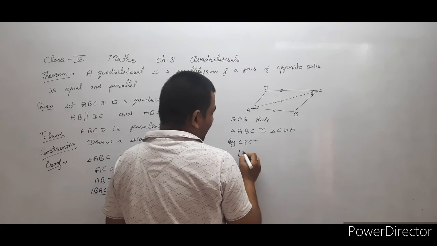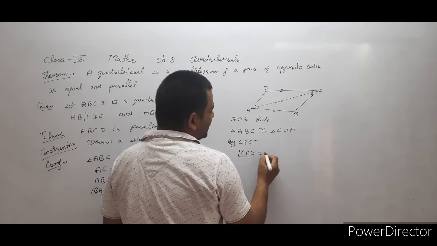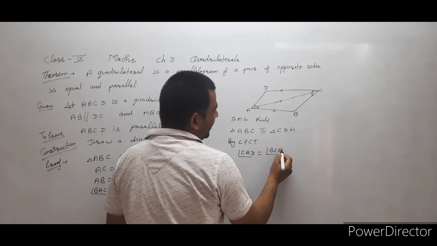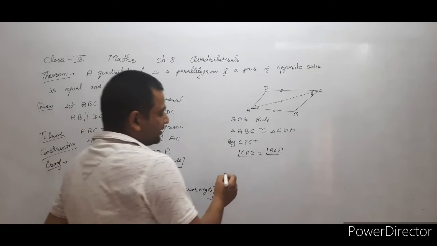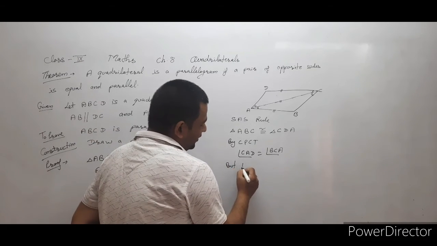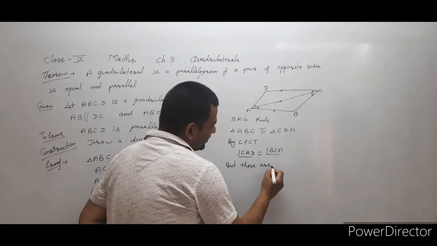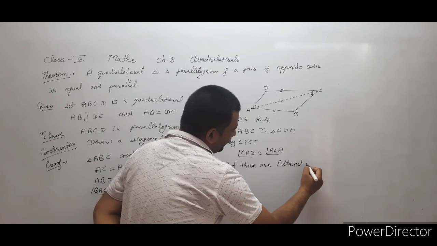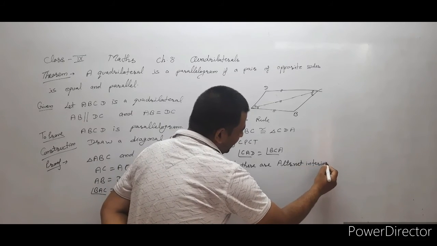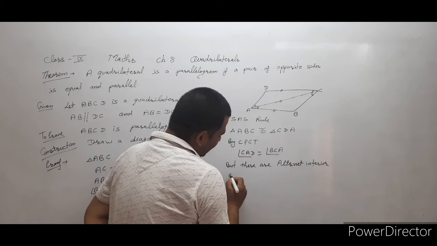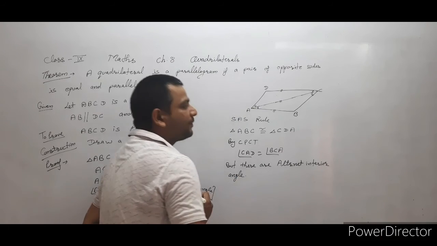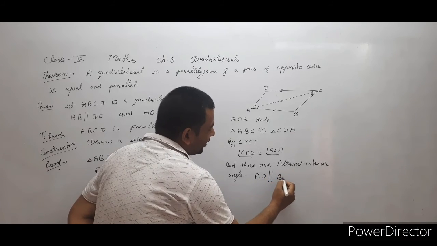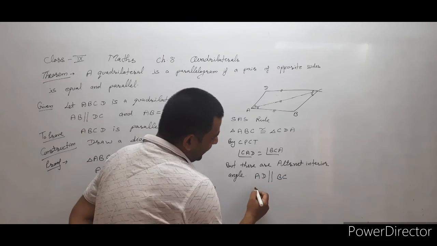So angle CAD is also equal to angle BCA, but these are alternate interior angles, and if alternate interior angles are equal, that means AD is parallel to BC.